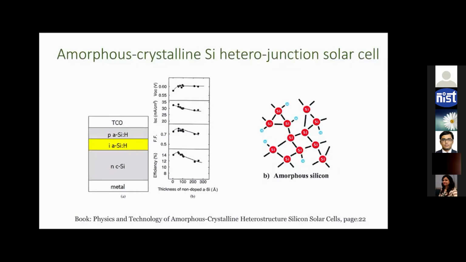But there is a possibility, and that's how most amorphous silicon thin film is made, by making a PIN structure. So what happens in thin film amorphous silicon? You have intrinsic amorphous silicon, a p-doped amorphous silicon on one side and n-doped amorphous silicon on the other side.